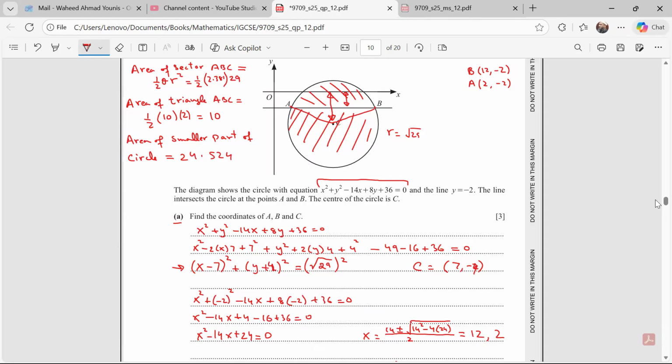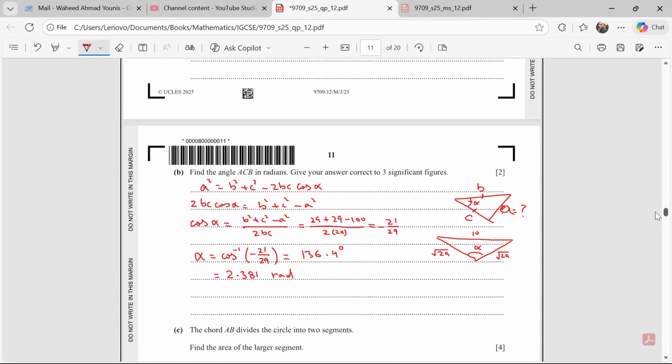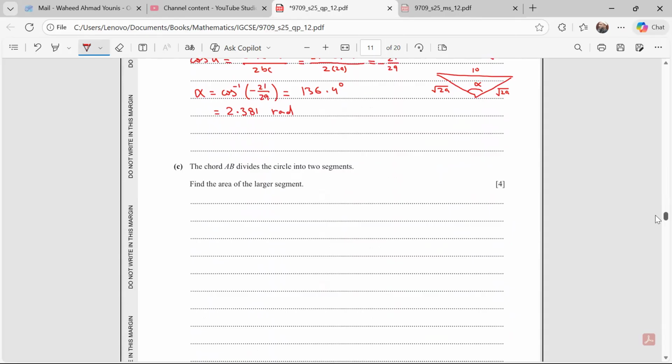I'm trying to be a little bit more precise. Yes, we are doing good over here.